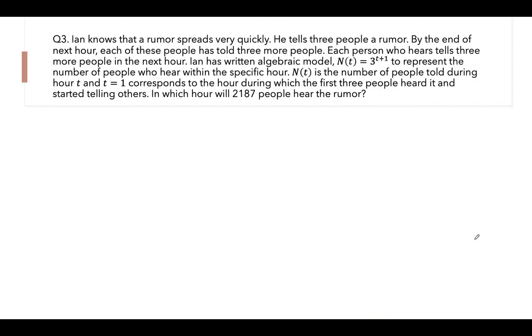Okay, next question. So we have a word problem here. Ian knows that a rumor spreads very quickly. He tells 3 people a rumor. By the end of the next hour, each of these people has told 3 more people. Uh-oh. Each person who hears tells 3 more people in the next hour.